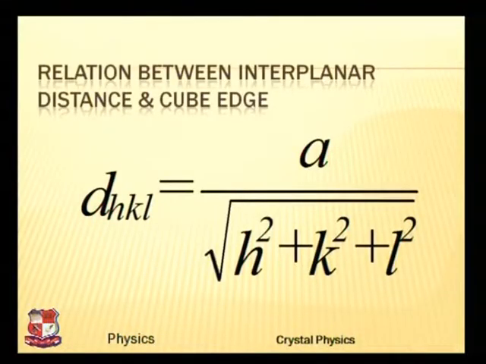So to derive this equation, d_hkl equals a upon under root h square plus k square plus l square, you know that h, k and l are the Miller indices, and we want to derive that equation. Let us derive that equation.